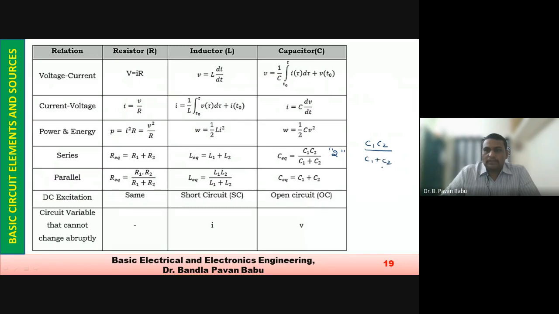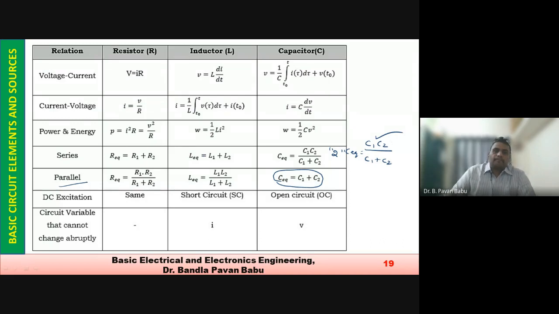This equation we need to remember. If two capacitors are connected in series, the equivalent is C1 C2 by C1 plus C2, so we are not going to add the capacitor values. When capacitors are connected in parallel, then we have to add them. So this is the only difference between capacitors and resistors or inductors.